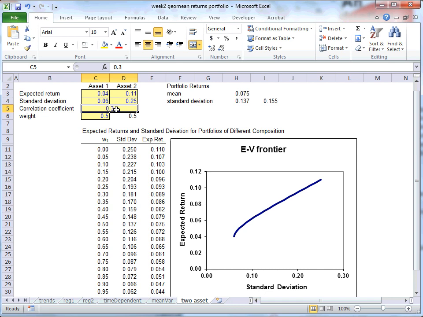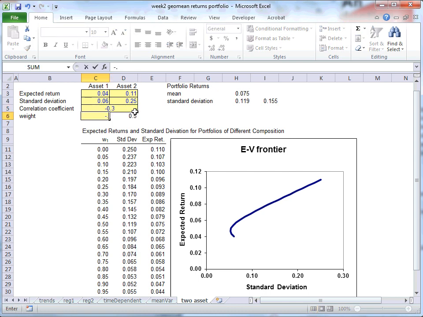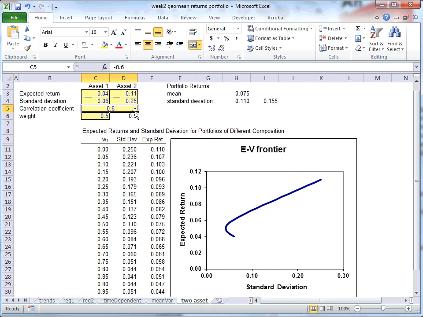We're getting further and further away from that axis. 0.2, 0.1, 0, minus 0.1, minus 0.2, minus 0.3, minus 0.4, minus 0.5, minus 0.6. You see, and we want to always be here on this axis. We always want to be further. We're getting more risk reductions.